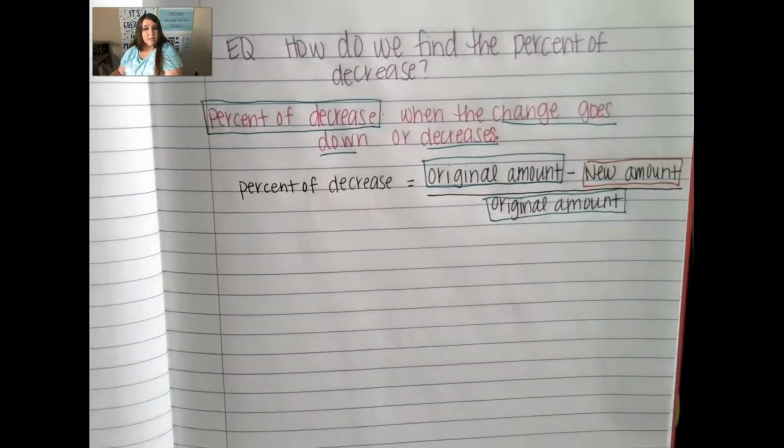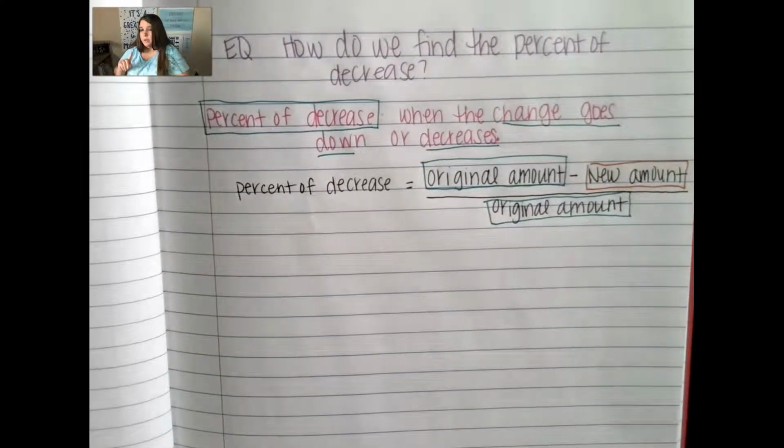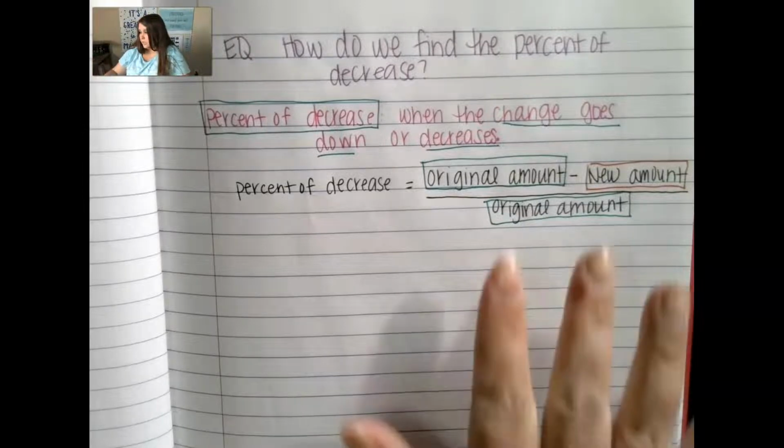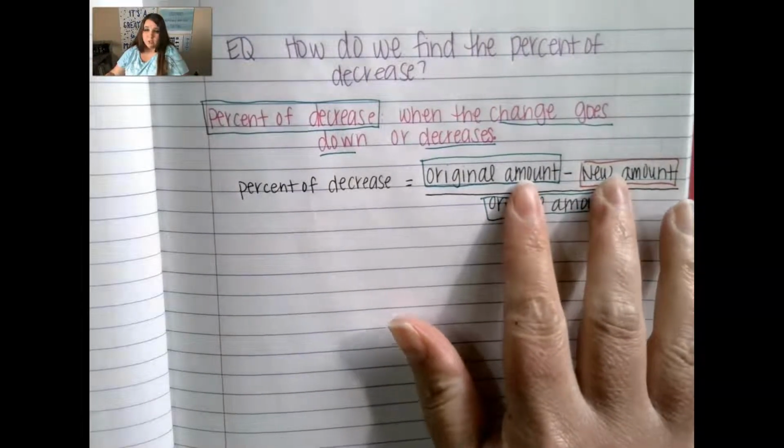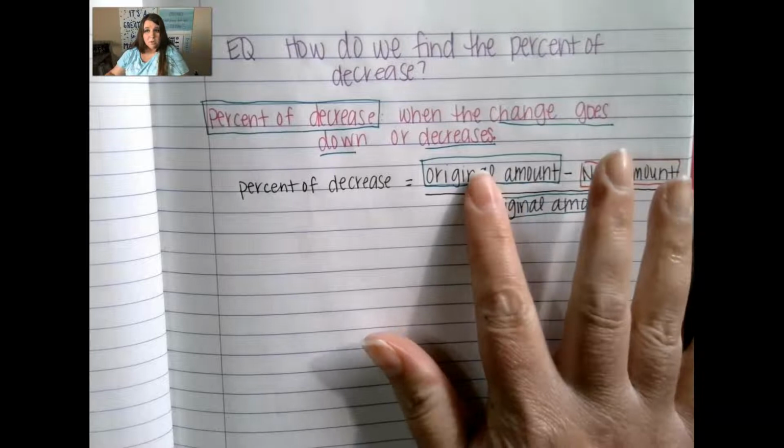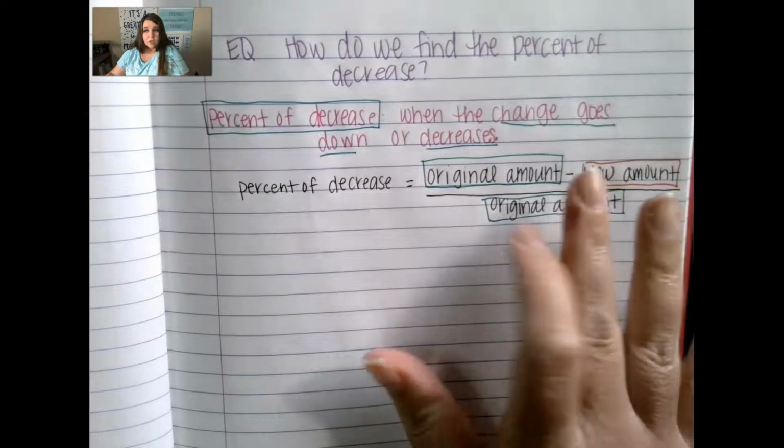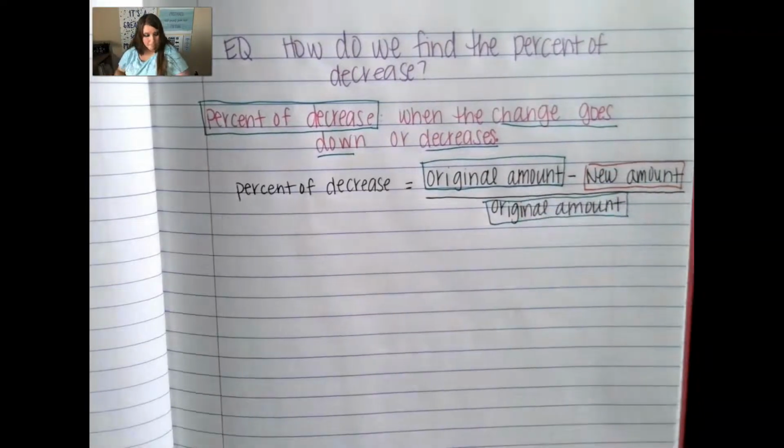Just like we did yesterday, except on a decrease, these two on top are switched. Yesterday, new amount was first, then original. Today, we're doing original, then new.